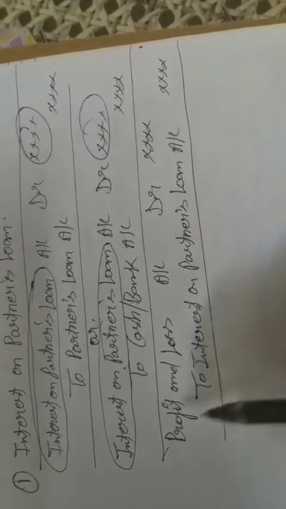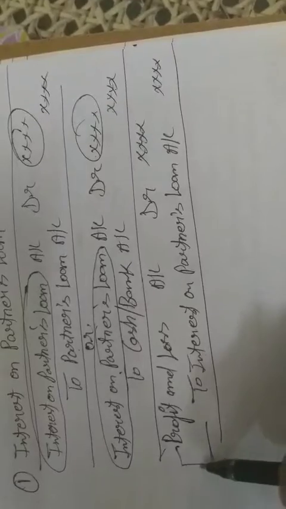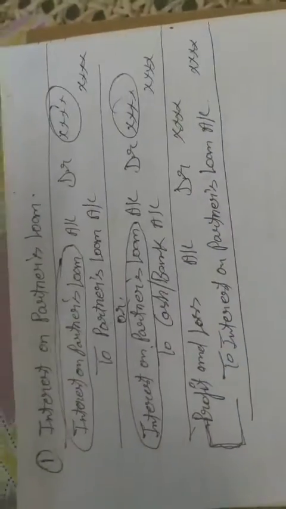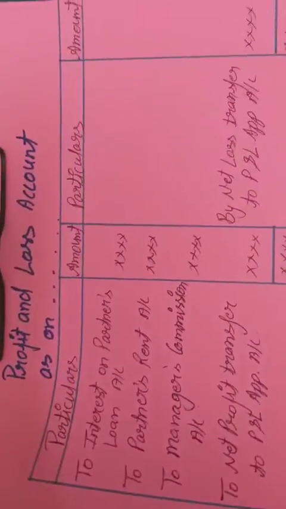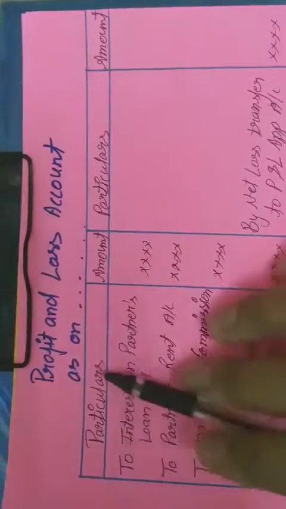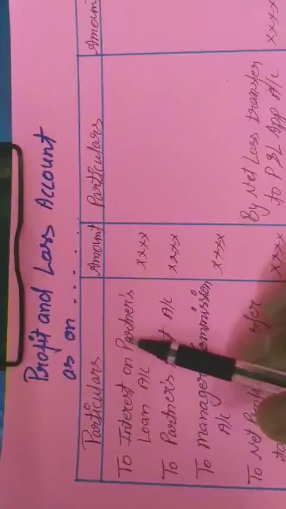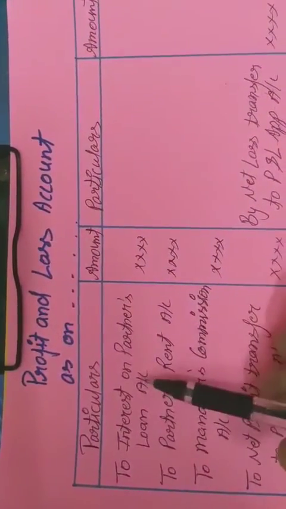Are you getting it? Okay, so according to this journal entry, you can compare it with the format. The format is: profit and loss account to interest on partner's loan. So profit and loss account is debited, with the interest on partner's loan account.